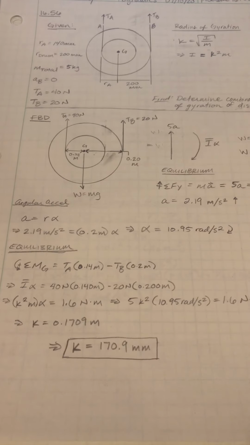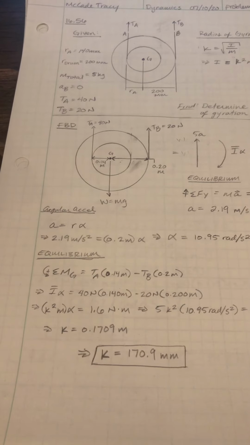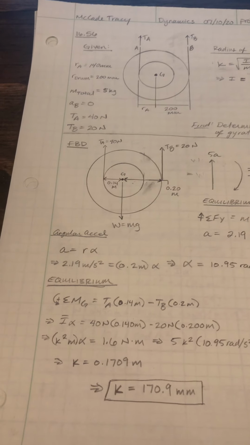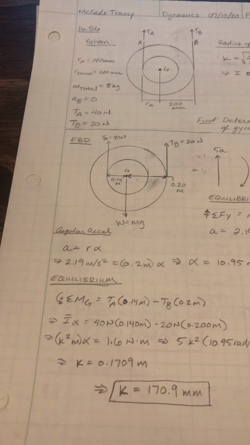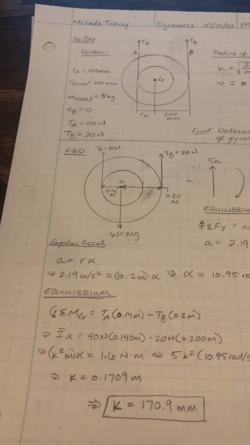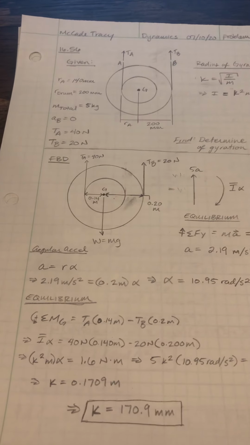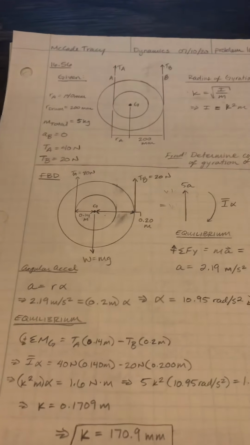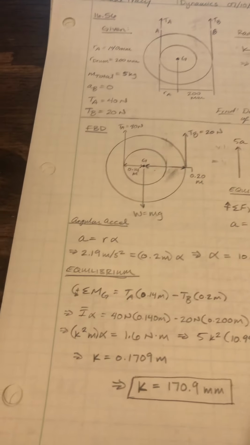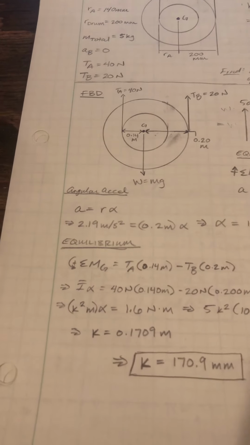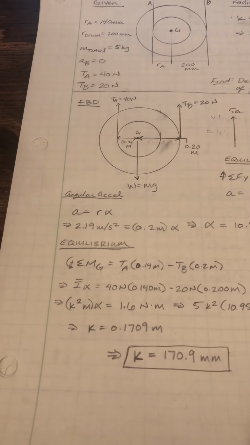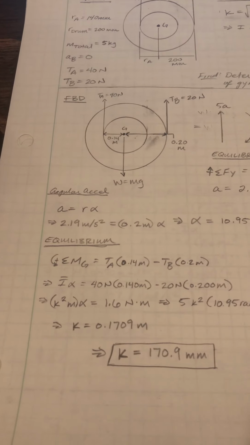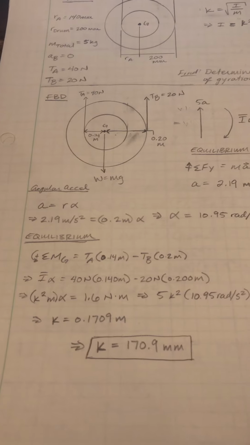To find the radius of gyration, however, we take the sum of moments at G. We set that equal to the tension at A times the horizontal distance to G, subtracted by the tension at B, also times the horizontal distance. As the sum of moments at G is also equal to moment of inertia times alpha, we plug in the values for the right side of the equation.